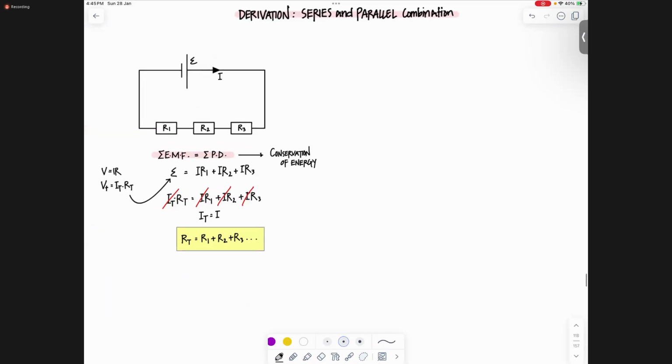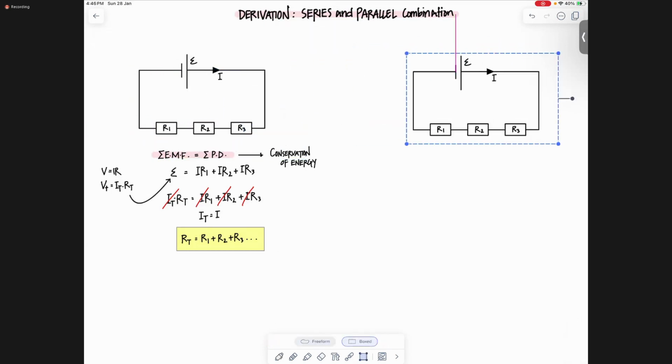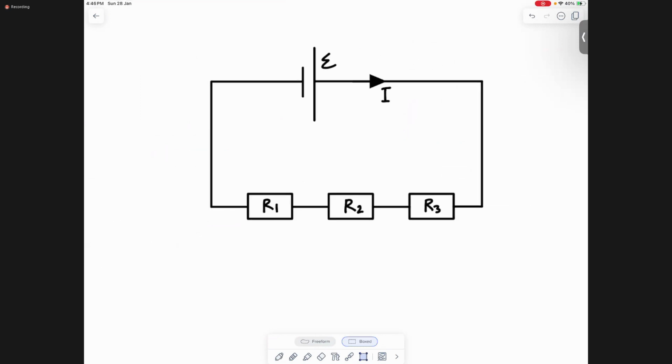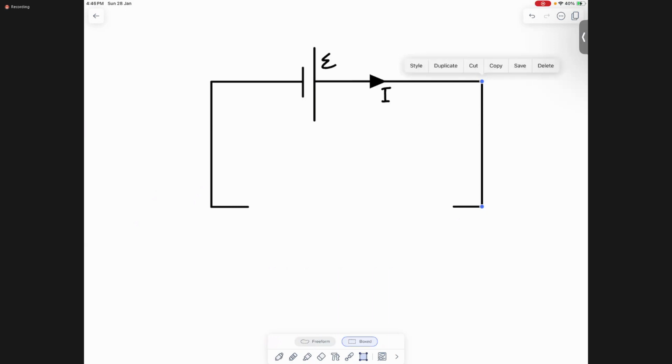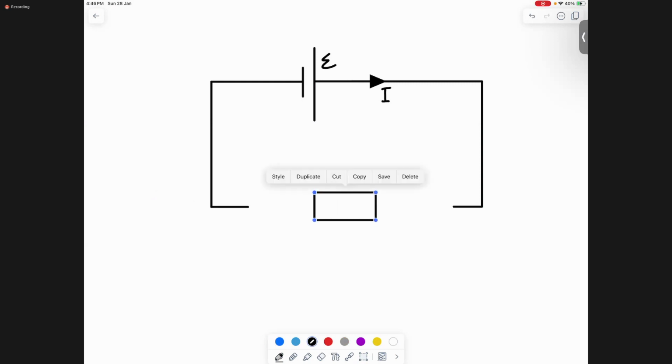Let me do the parallel one, then you can copy both together. Let's see how the parallel one goes. Very similar. You have your branches here, one current, and those individual branches like this.